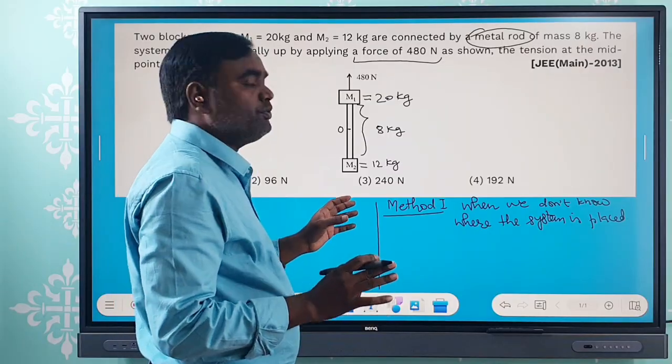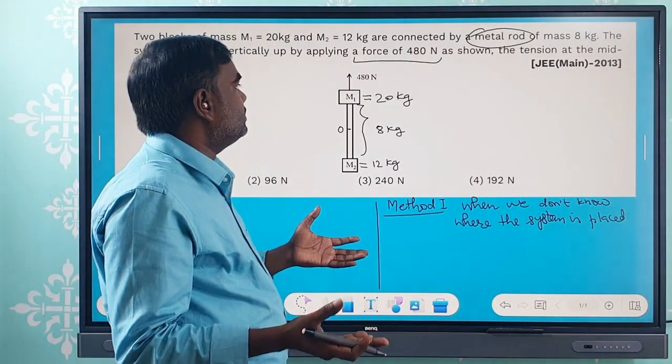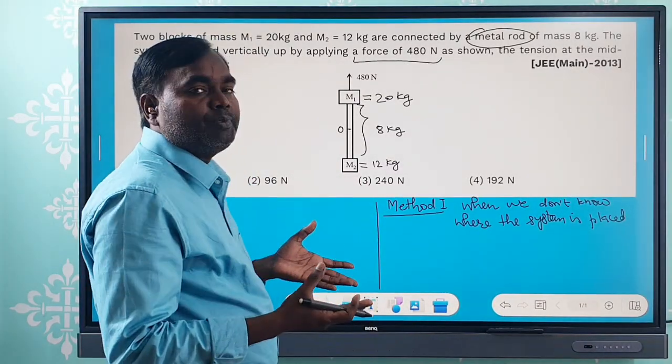So if we don't use the g value, how can we proceed?